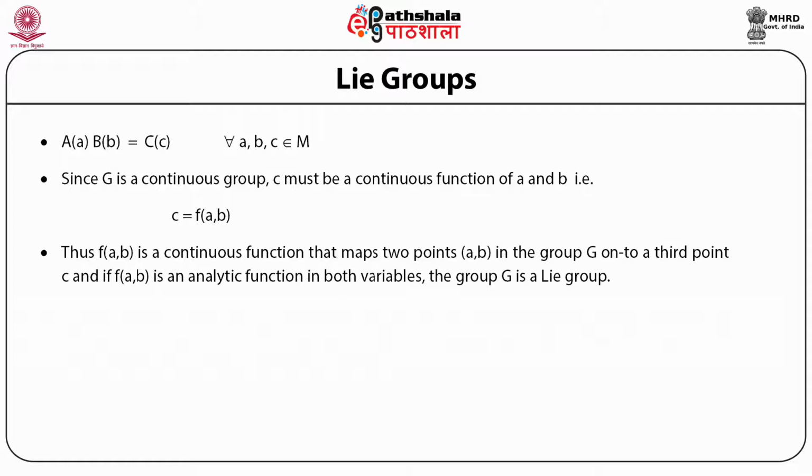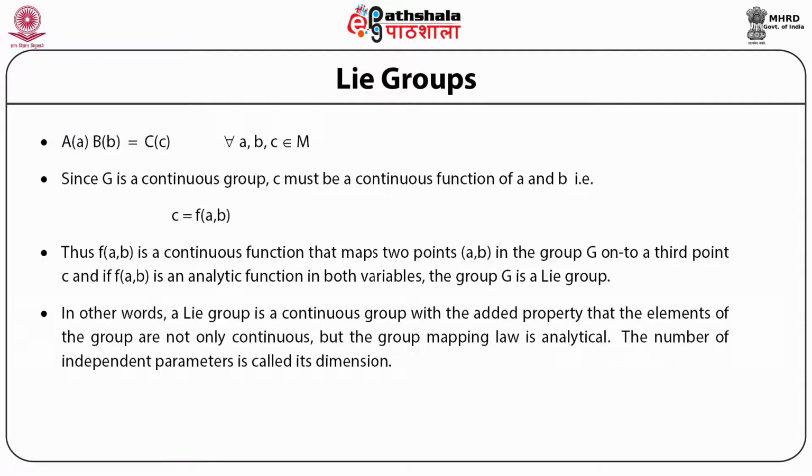And if this function is an analytic function in both the variables, then the group G is a Lie group. Thus, for the Lie group, we have a and b related by a continuous function to the parameter c, wherein the points a and b in the group map to the point c. And this relationship is analytic.